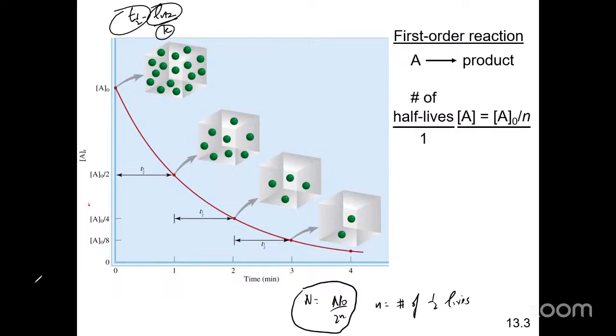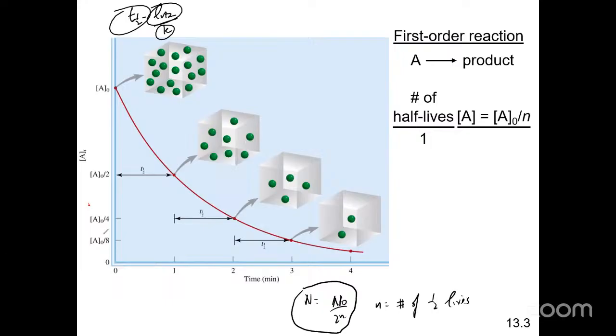I wrote down a little equation here, which is another way of expressing the relationship between the initial number of molecules and the number of molecules after a certain number of half-lives. I use N here to represent the number of molecules, but you can also use A instead of N for concentration.